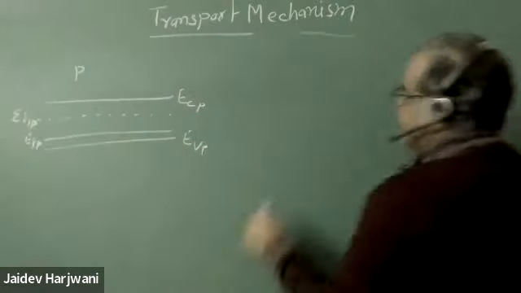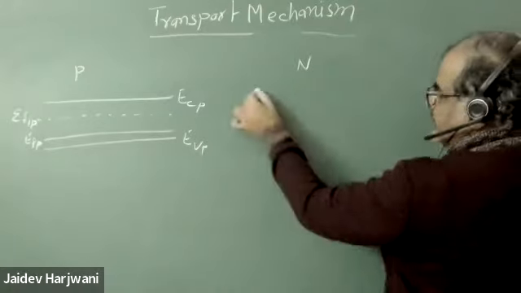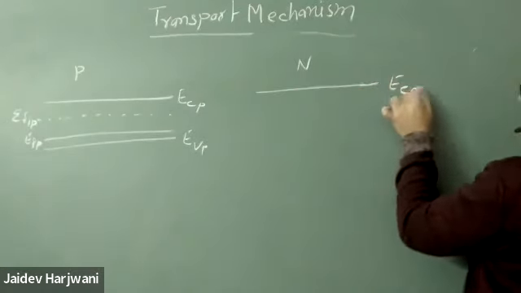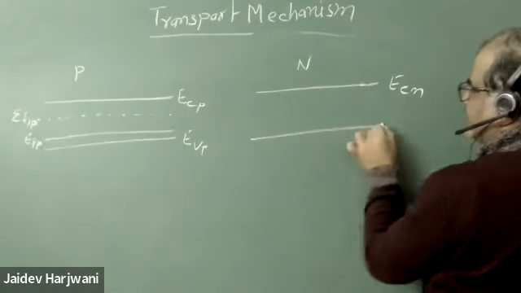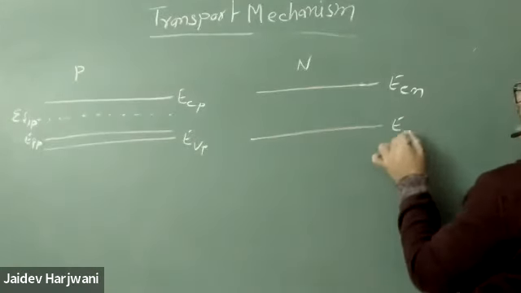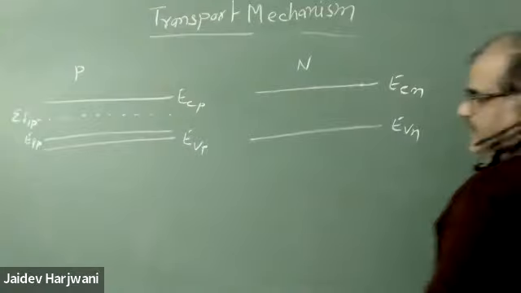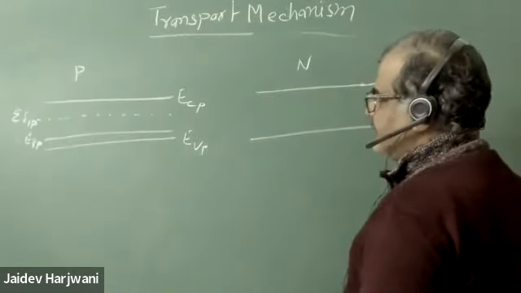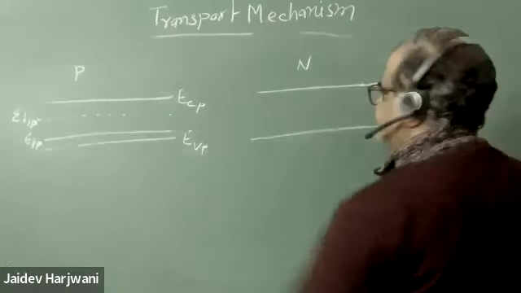Now if I come here, I have the n-type material. So here I have ECN and EVN, because we are taking the same semiconductor, the band gap should be the same. This energy gap is the same.